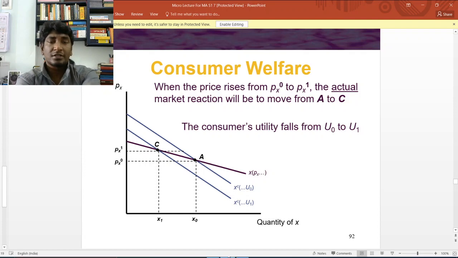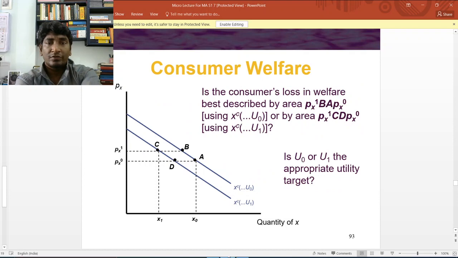This is the price increase case, and so you have a change, the consumer loss in welfare, best described by the area Px1 B A Px0. That portion is what is called the consumer loss in welfare.